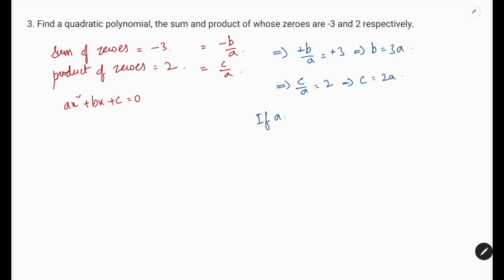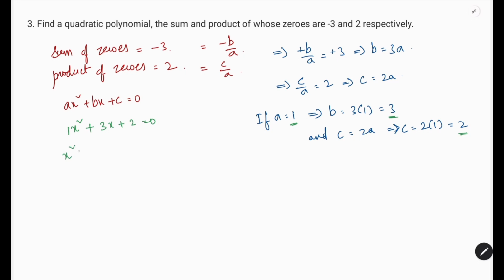If a equal to 1, then b equal to 3 into 1 equal to 3, and c equal to 2a, c equal to 2 into 1 equal to 2. See here, a is 1, b is 3, c is 2. We are substituting here: a is 1, x square, plus b is 3, x, plus c is 2.